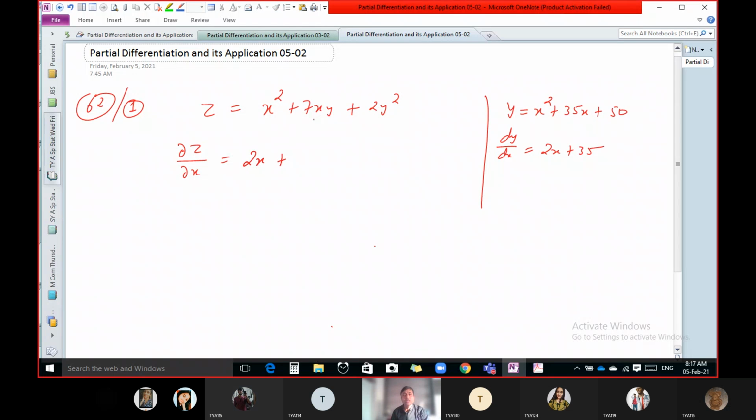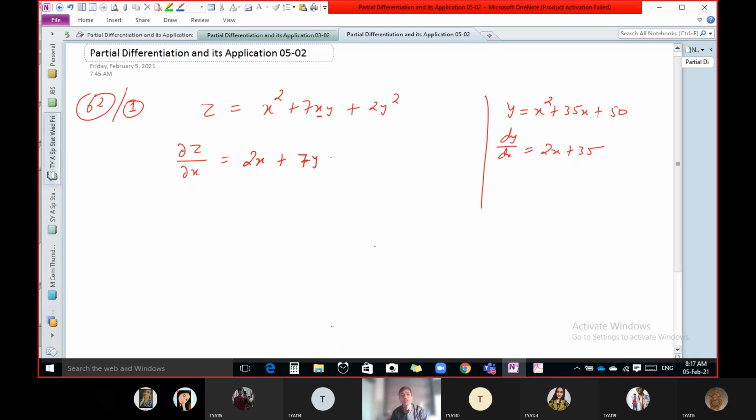Now which are the constants here? y and 7. 7 is also constant, same like y. So keep 7y as it is and differentiate this part.